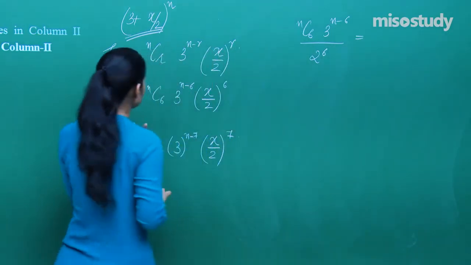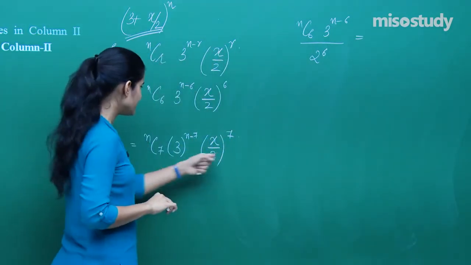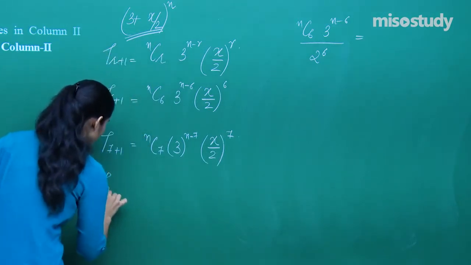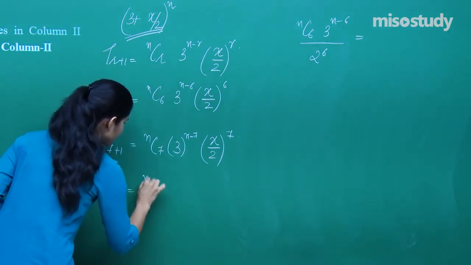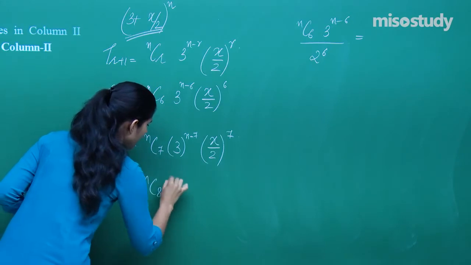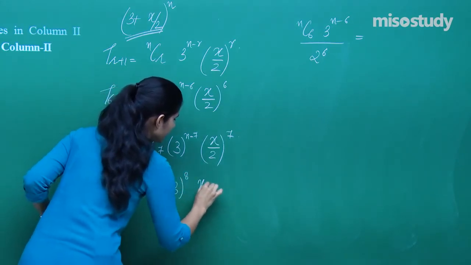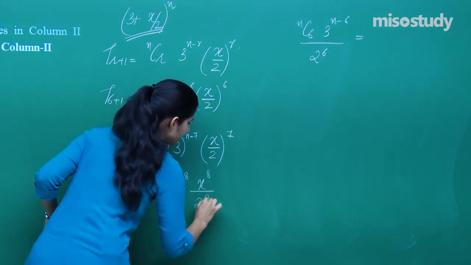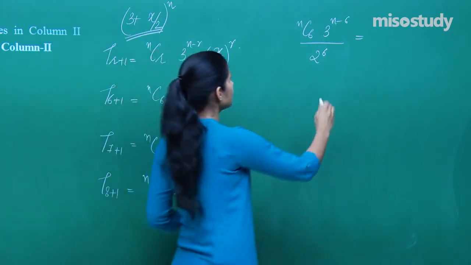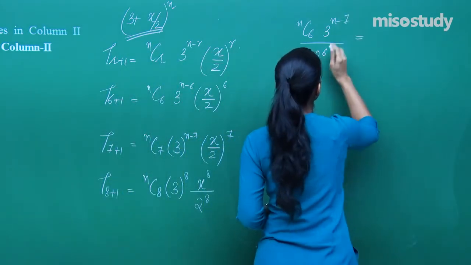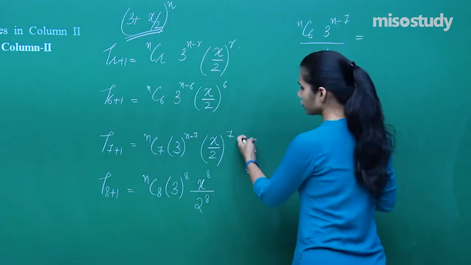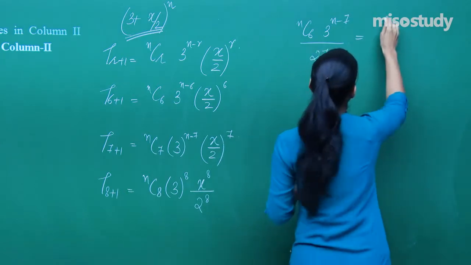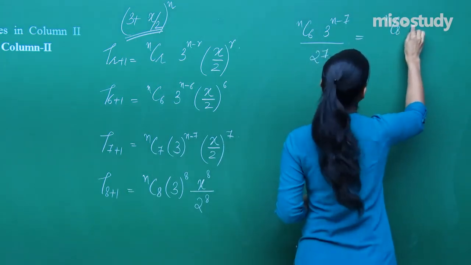If I talk about coefficient of x to the power 7, it is this actually, and coefficient of x to the power 8 will be nC8 3 to the power n minus 8, x to the power 8 upon 2 to the power 8. So this is coefficient of x to the power 7. This is equal to coefficient of x to the power 8.